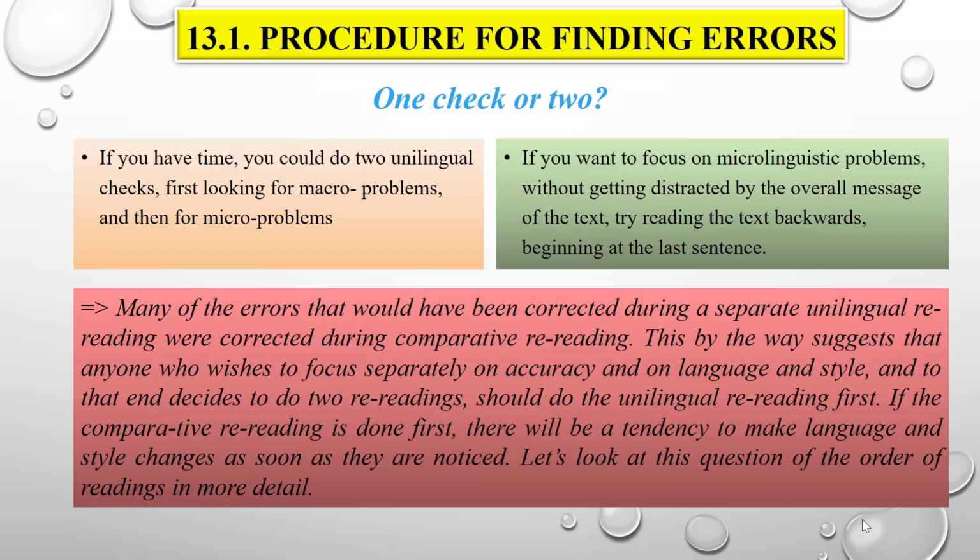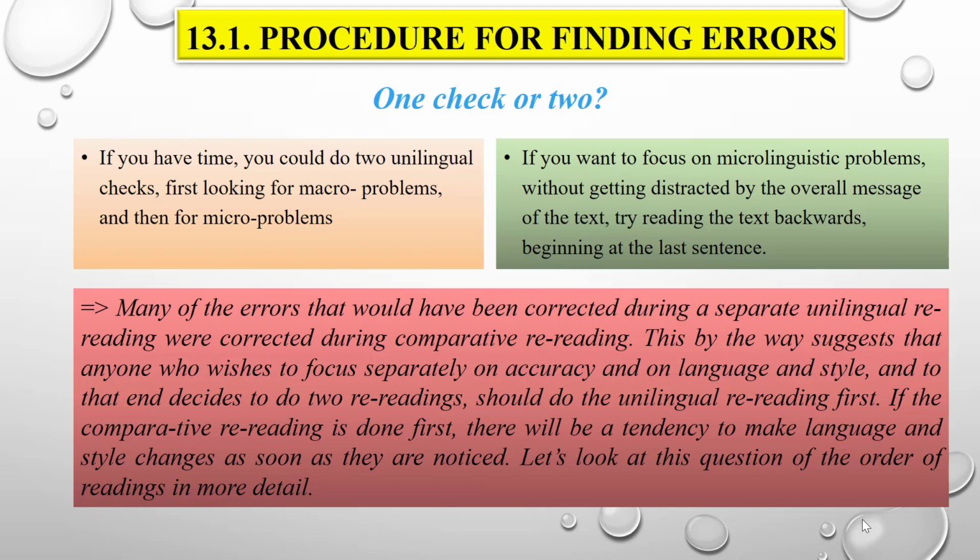One researcher found the final quality resulting from comparative rereading was higher than with unilingual rereading, but she also found that doing two rereadings, one for each type, failed to make a further significant improvement.